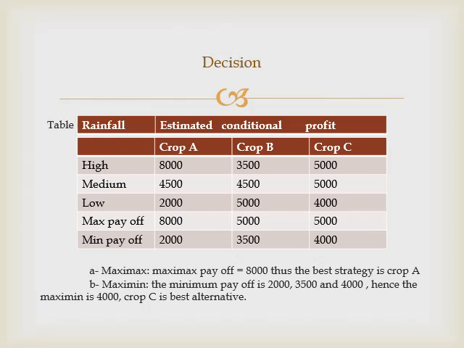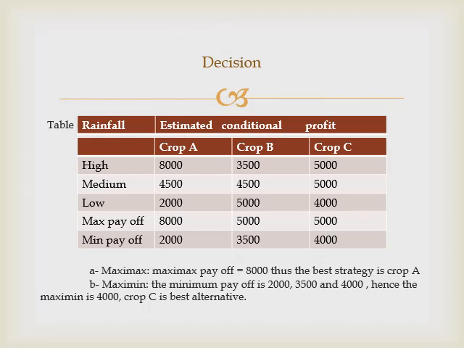This is table 1, the payoff matrix. Rainfall: high, medium, low. Max payoff and min payoff. Estimated conditional profit. Check the column of group A. Various levels of profit: 8,000, 4,500, 2,000.